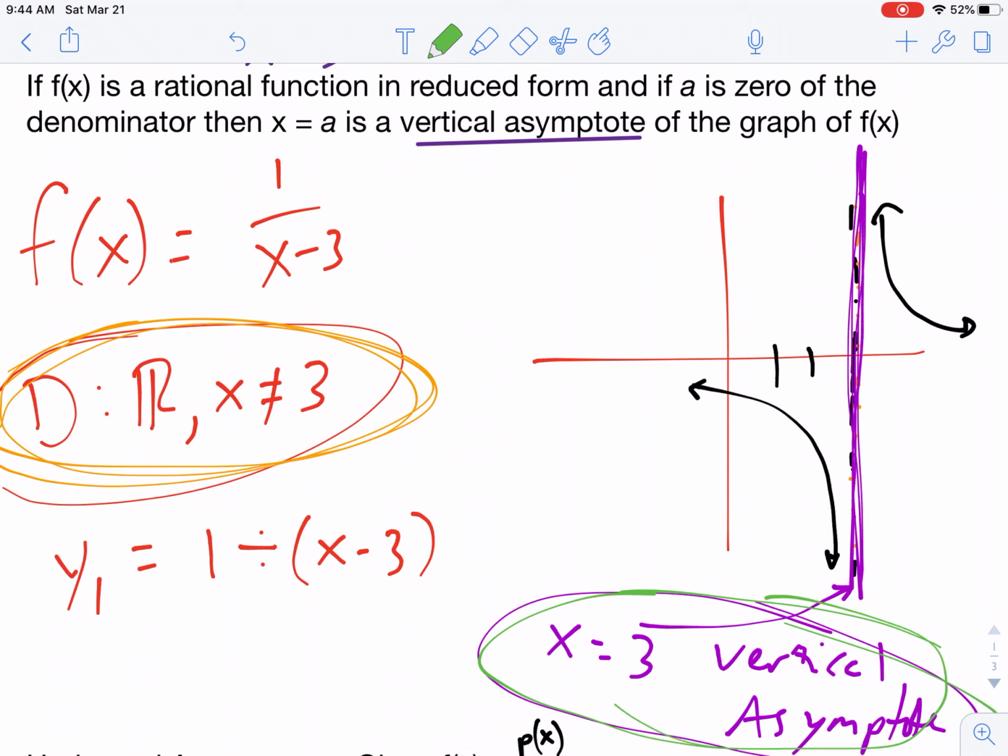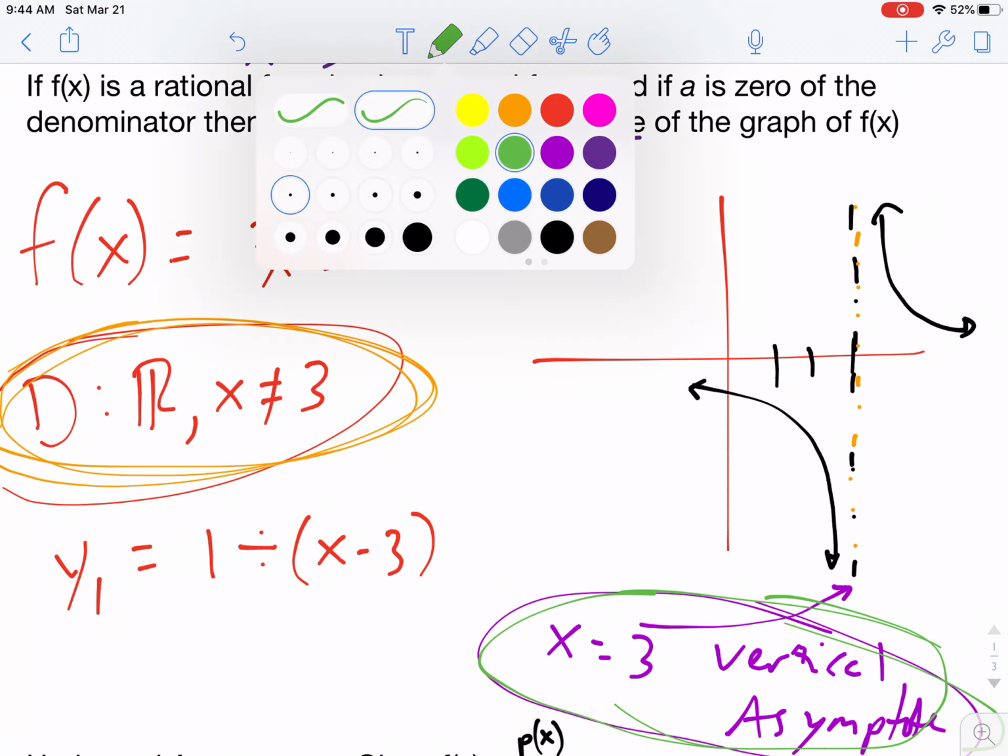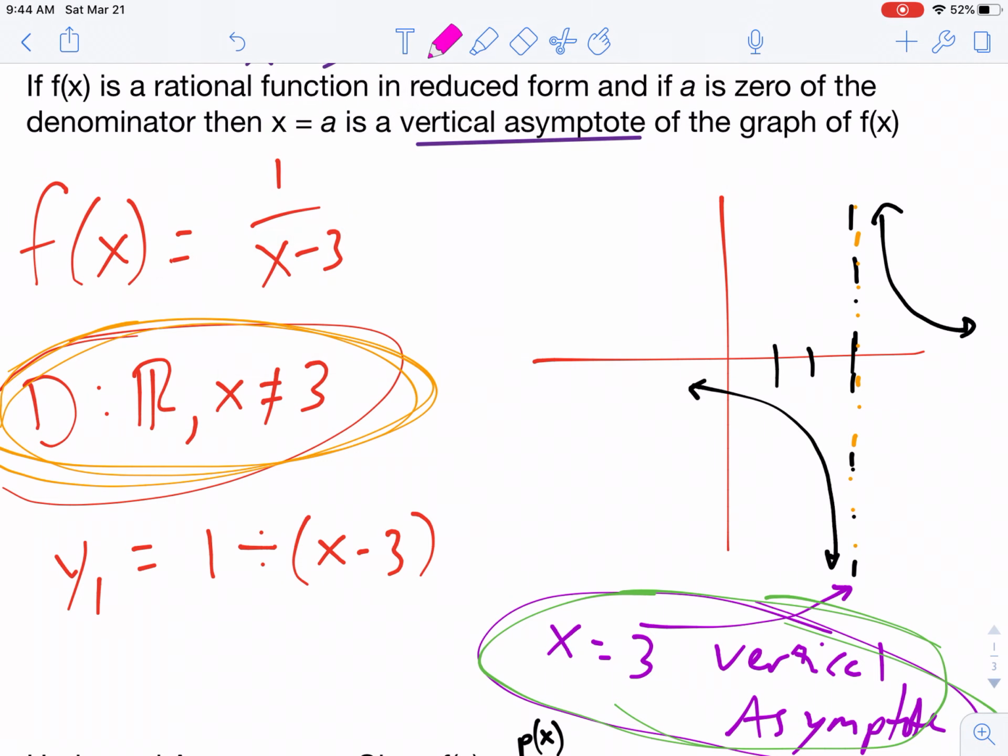And the third thing to remember is that a vertical asymptote is just an imaginary line where the curve approaches that vertical asymptote, but it never actually touches it, ever. Okay, so that's the first simple example. It'll get a little bit tougher as we go.